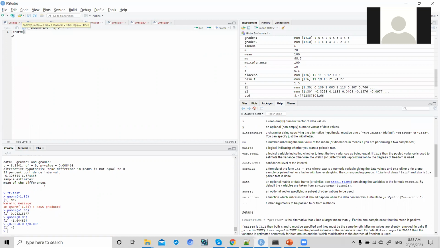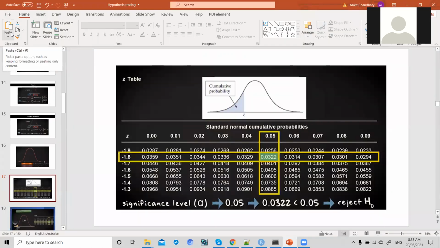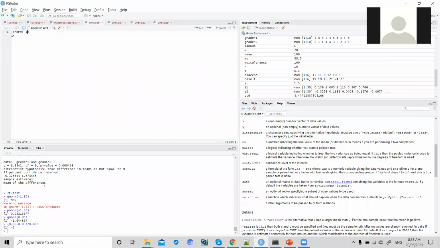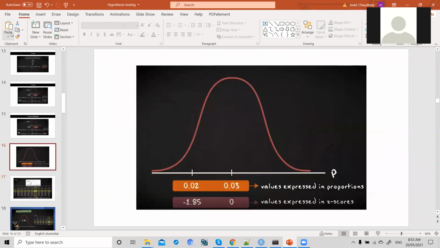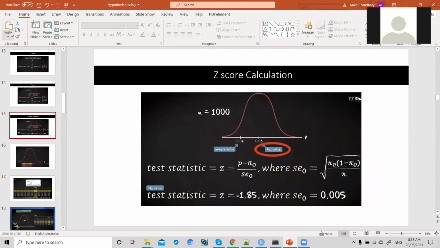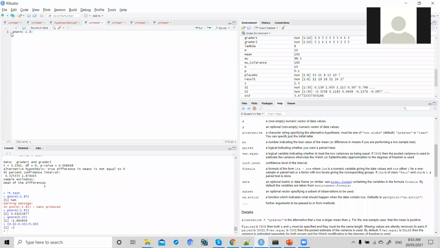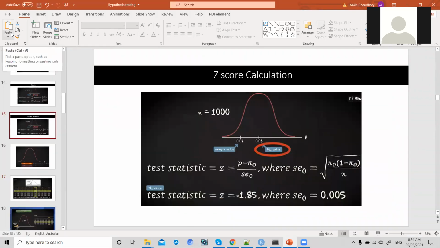If we use pnorm of minus 1.85, right now I'm just checking for a particular value, not using any data set. We got a z score of minus 1.85.